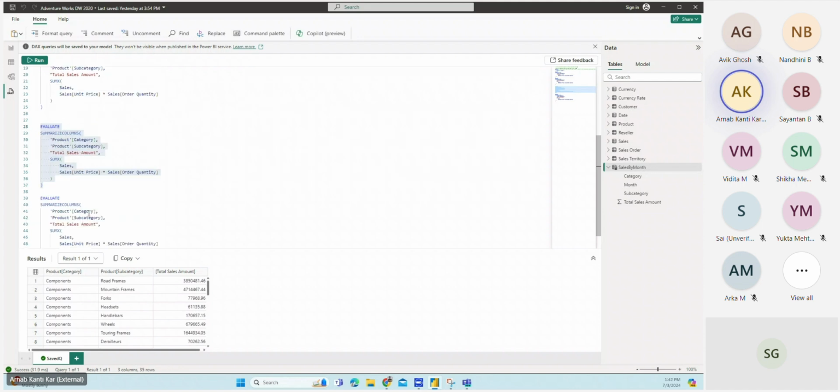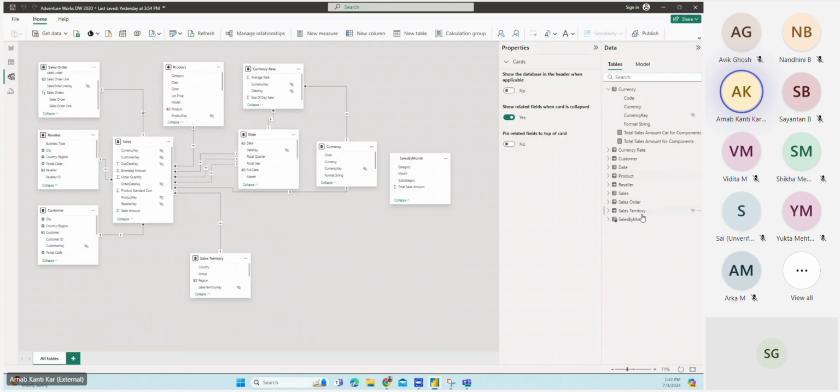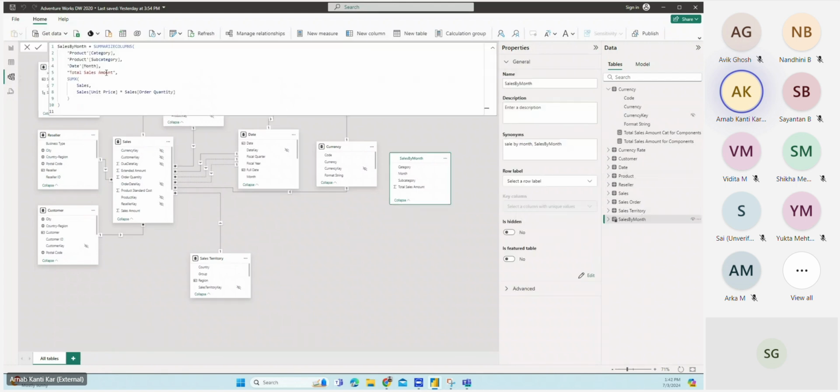Which is why, at the end, I created this table, which we did not have originally. What this table basically gives you is a breakdown by product, product subcategory, and also the month, and then the total sales.